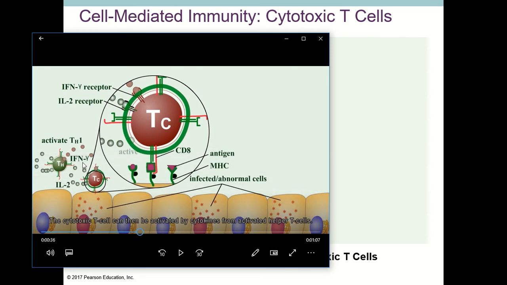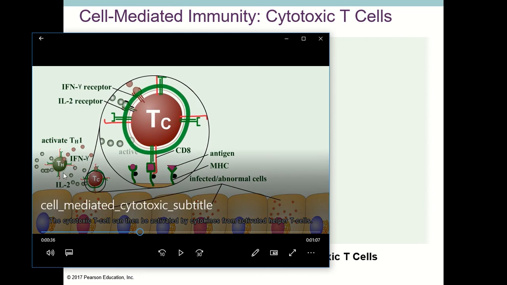They don't do anything else, but they signal infected cells that have viruses inside of them. These viruses are causing the cell to produce interferons that are signaling to helper T cells, essentially telling them what it is that they're dealing with and what they need to be looking for.